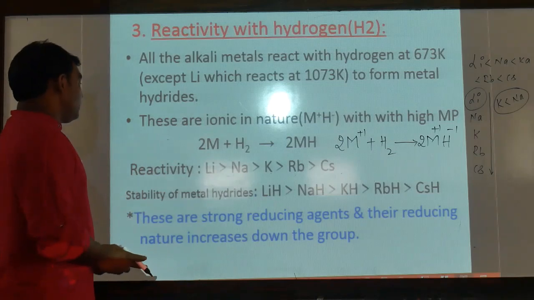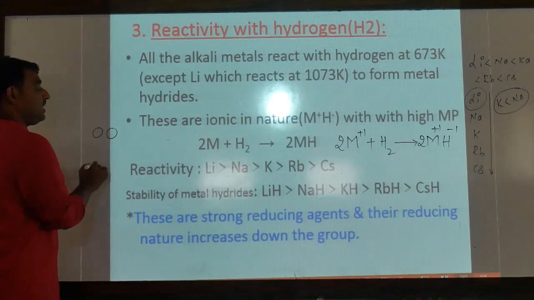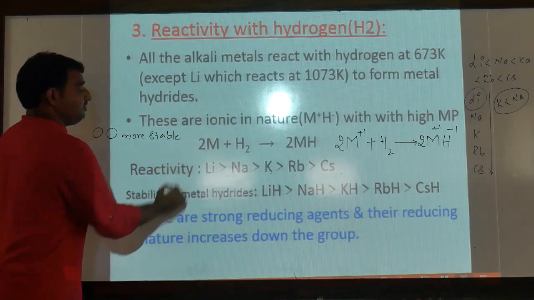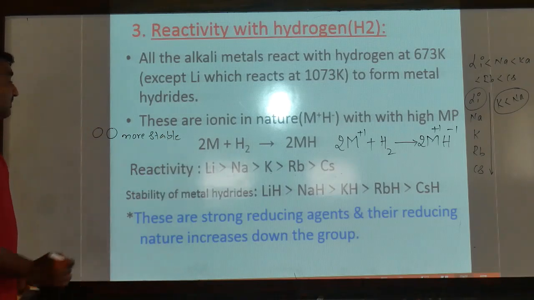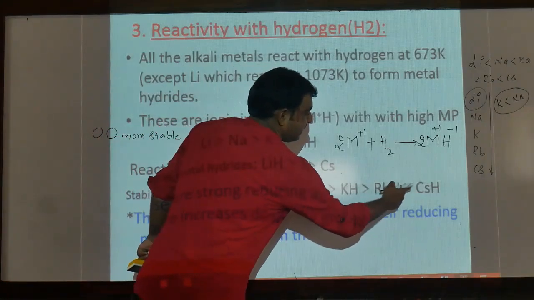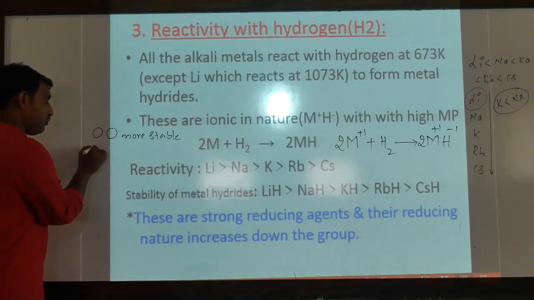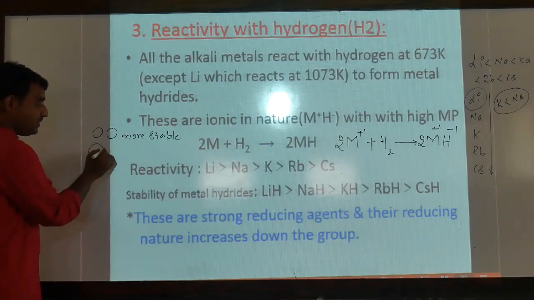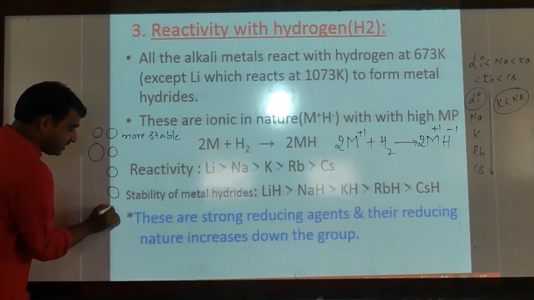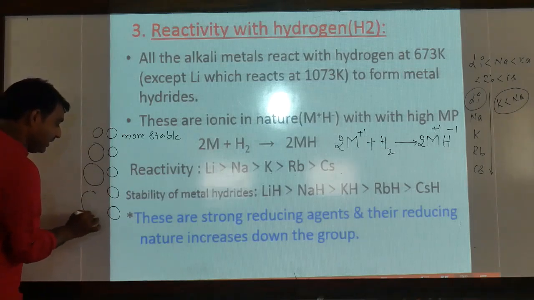For the stability of any molecule, if the sizes are almost similar, it is more stable in nature. Here lithium, sodium, potassium, rubidium, cesium, the hydrogen is the same, only the metal changes. As we move from top to bottom in the periodic table, size increases. The hydrogen size is the same here, and the metal size increases.